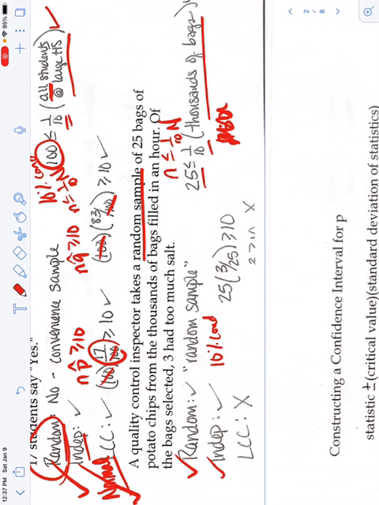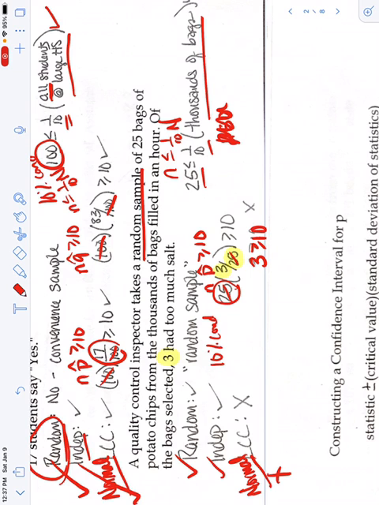The LCC, however, is not satisfied, so this is not normal. Because the LCC, again, that would be n p hat. So my n is 25. That's my sample size. We had 3 successes that had too much salt out of the 25. And when I cancel my 25s, I get a 3.